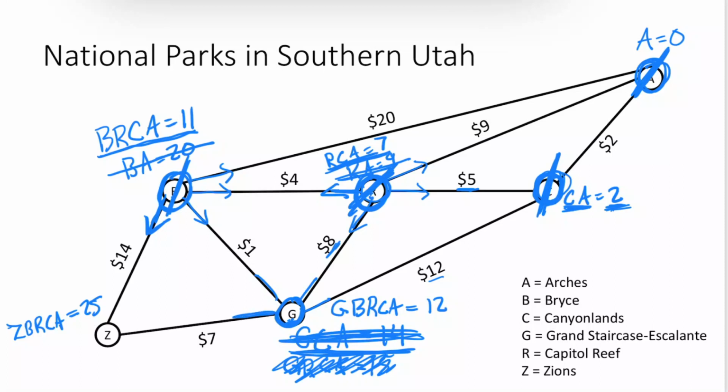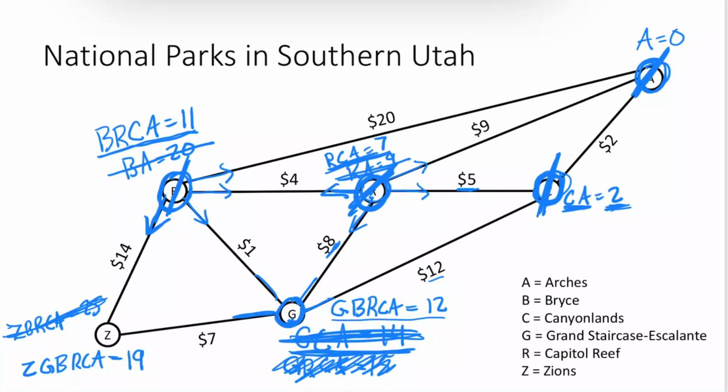So the cost of going from Z to G is 7. And then going from G all the way back to A with the cheapest route, which is G to B to R to C to A, that's 12. So the overall cost of this is going to be 19. And because 19 is cheaper than 25, I'm going to cross off my 25 path.